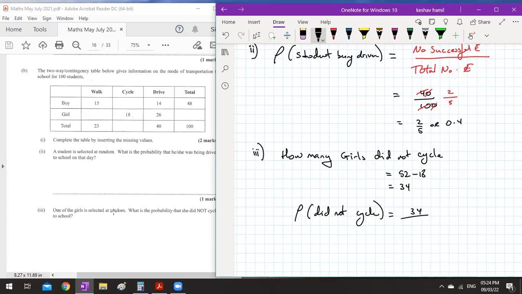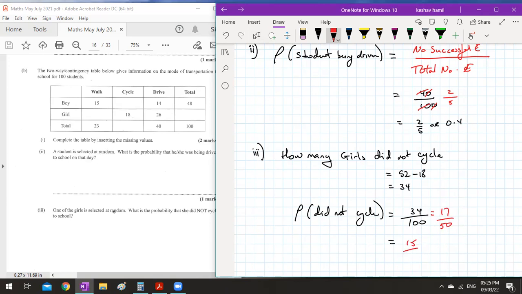So one of the girls picked at random. Now, you have to understand that this is still out of 100, right? And this could simplify. 2 into this is 17. 2 into this is 50.